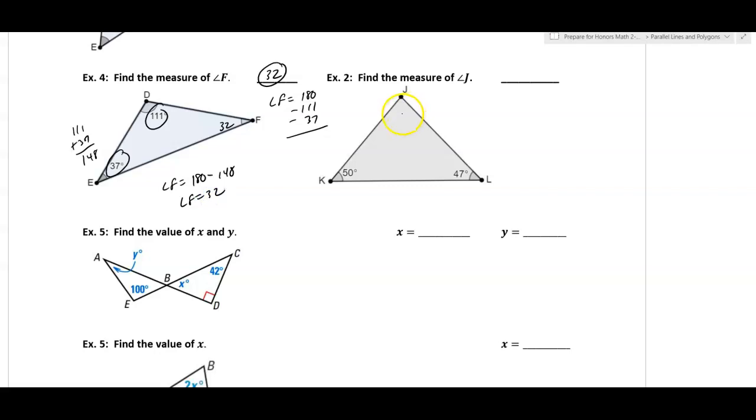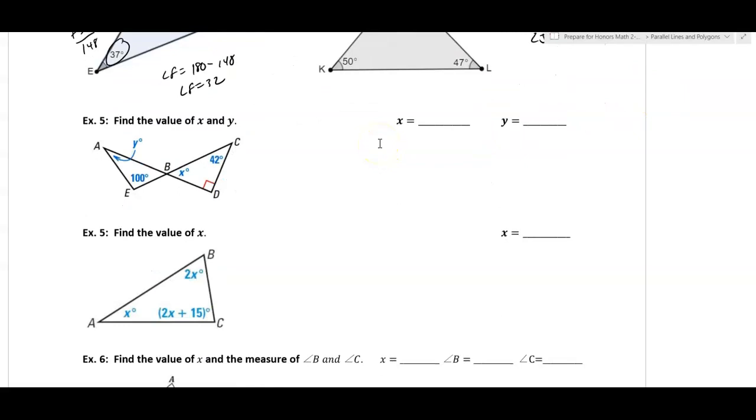If I had to look at angle J here, some people may find setting up an equation, angle J plus 50 degrees plus 47 degrees equals 180, right? So then angle J plus 97 equals 180. Subtract 97 from 180, and you would get 83 degrees.